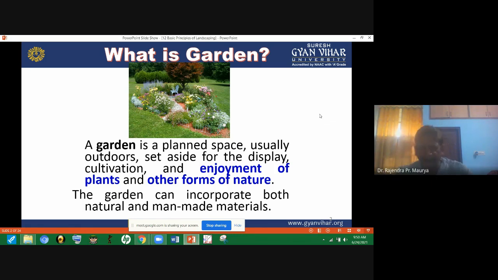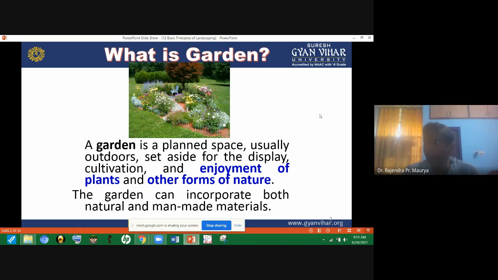So a garden is a well planned space where we design a new garden. If we are talking about a garden, then obviously it will be outdoors, set aside for the display, cultivation, and enjoyment of plants and other forms of nature.